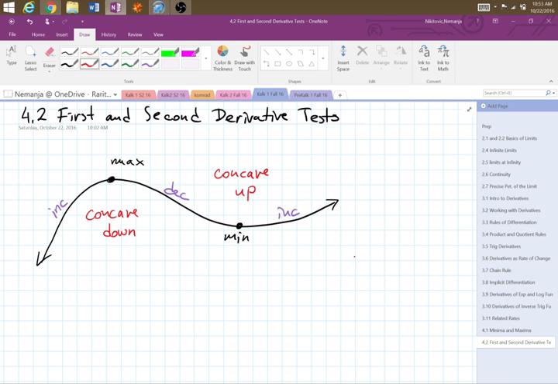So now let's immediately define the first derivative test. Oh, and I wanted to bring up the analysis, right? So you're looking at, I picked the Apple stock. So you're looking at this line, right?